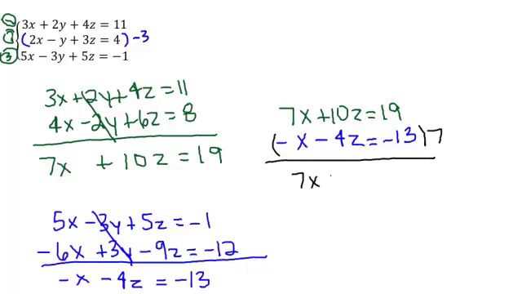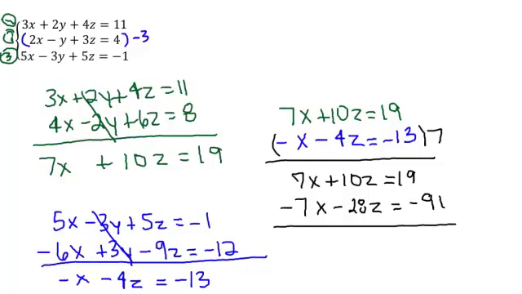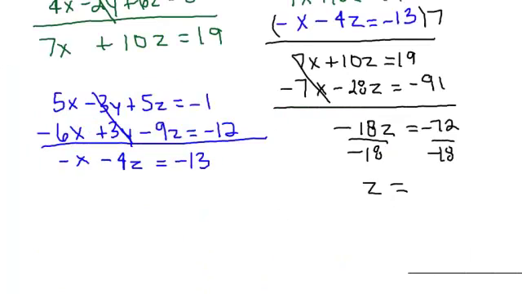So I have 7x plus 10z equals 19. If we multiply by 7, we get a negative 7x minus 28z equals negative 91. Again, our x's cancel out. We get negative 18z equals negative 72. We divide by negative 18, z equals 4.